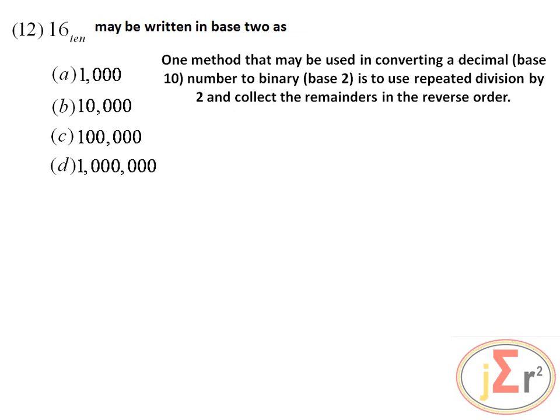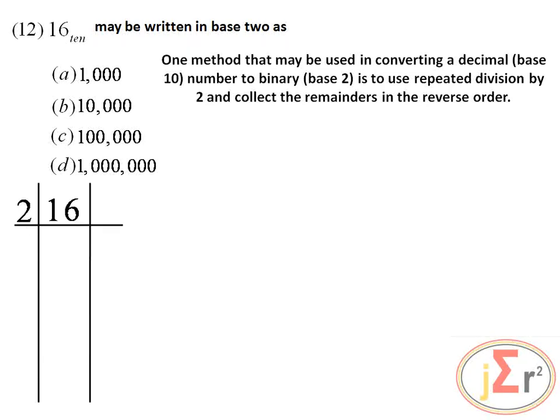So we will convert 16 base 10 to base 2 by using repeated division and by collecting the remainders in the reverse order. So there we have 2 into 16 will give 8, and the remainder is 0.